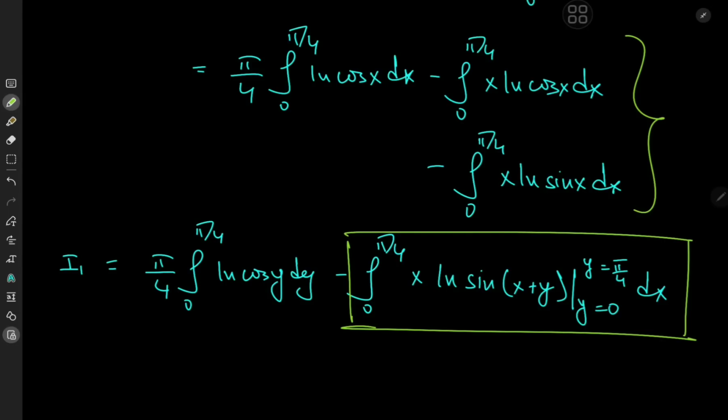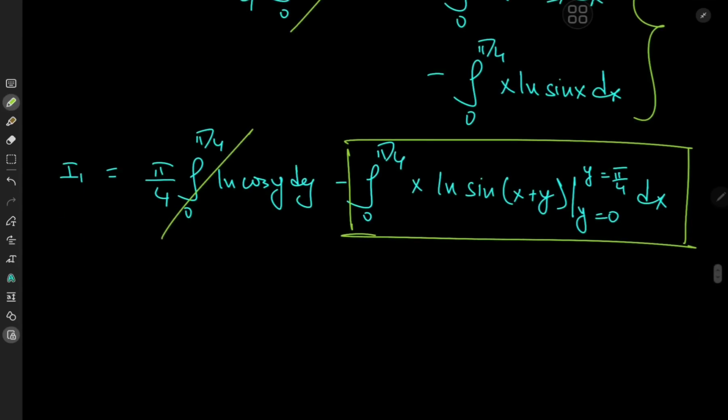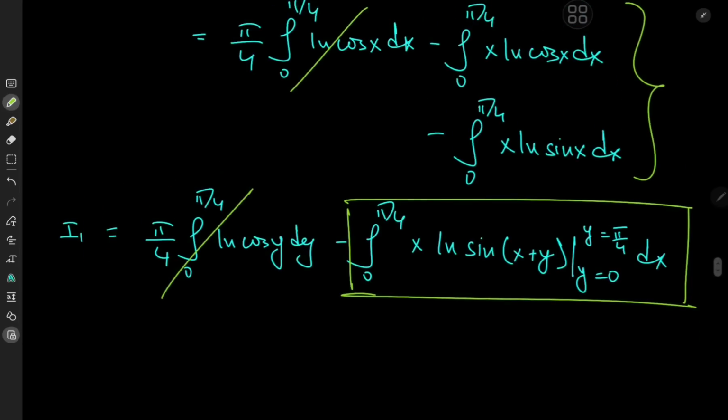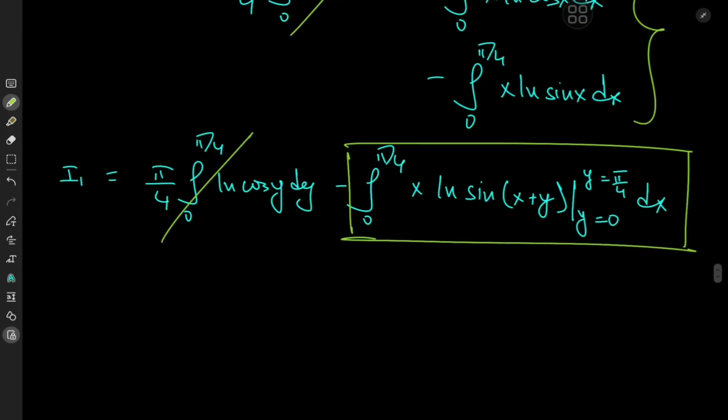I think we've done a pretty good job so far, and now it's time to piece everything together for the integral I sub 1, and then we can get back to the target integral I. First up, notice that we have a negative sign here, which is quite useful because it means that this thing and this thing cancel out. And that means I sub 1 just results in the sum of these two integrals. Now, what about the target integral I?